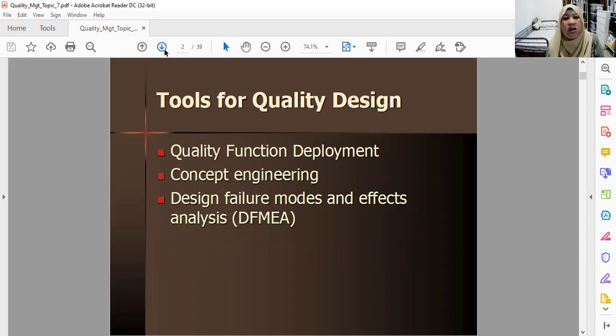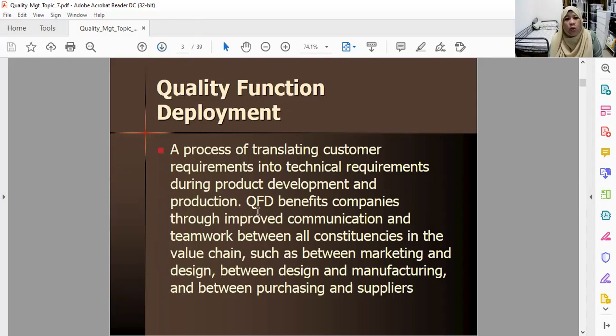Here you can see the tools for quality design: quality function deployment, concept engineering, and design failure modes and effects analysis, called DFMEA. These are the tools for quality design, and we should check them one by one.